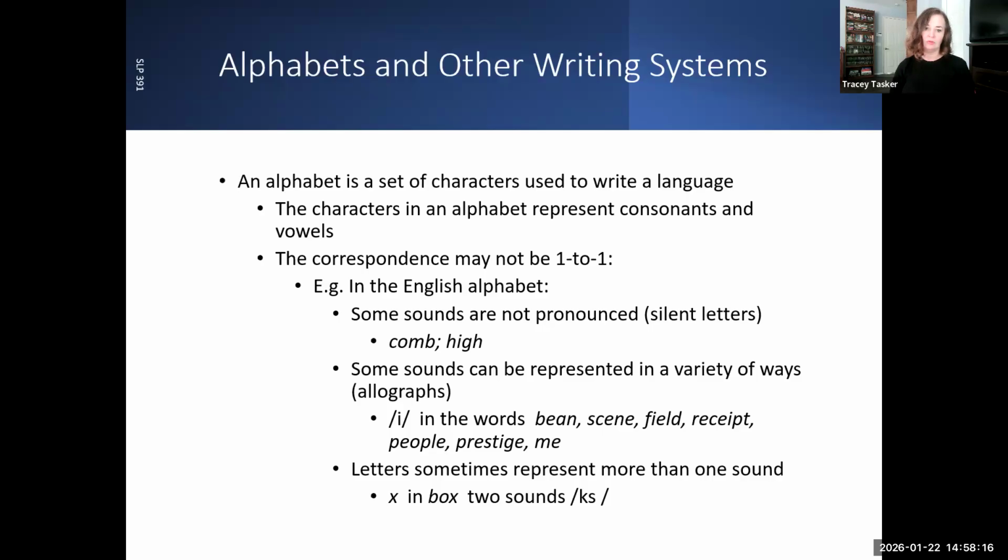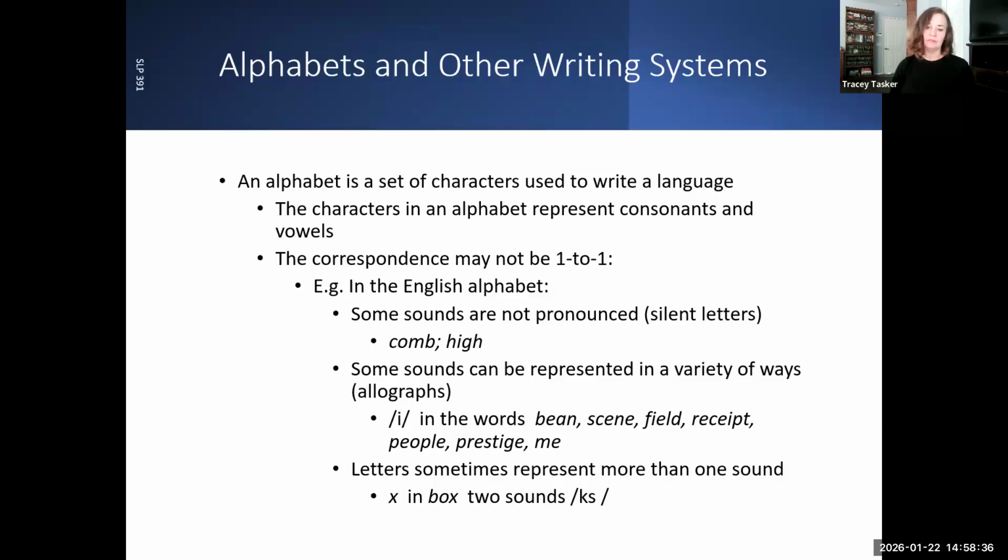Sometimes we have silent letters. Sometimes we have two letters together, which are supposed to represent one sound. And then sometimes we have letters that represent more than one sound. Okay. So these are just some examples here.